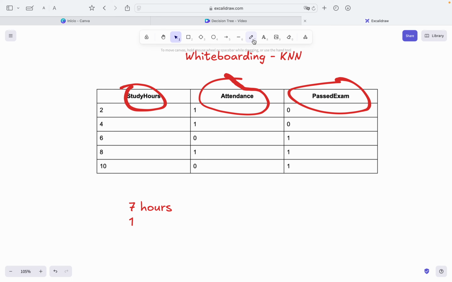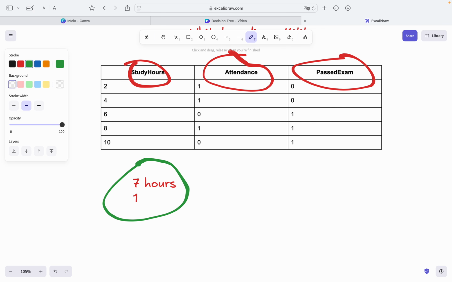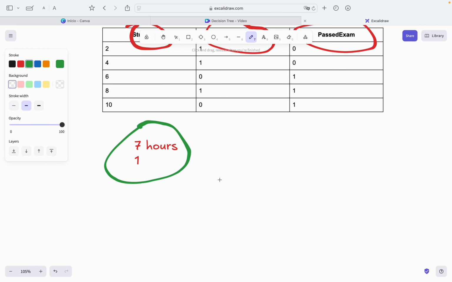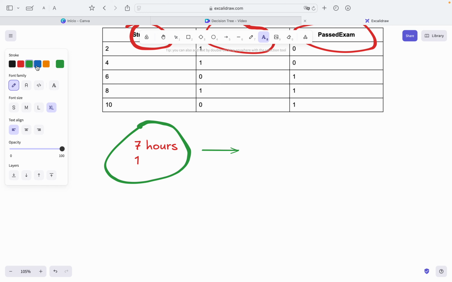Okay, this is very important, so let's just remember this information here. Our task is to predict whether the student will pass or fail using KNN. So this is the new student.